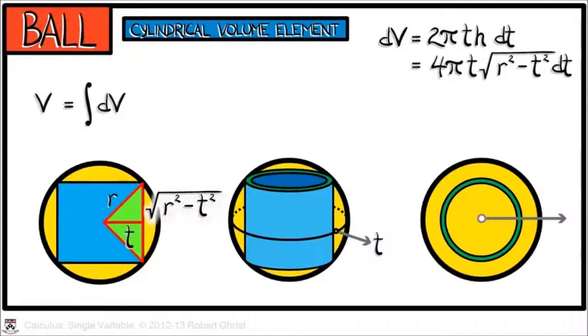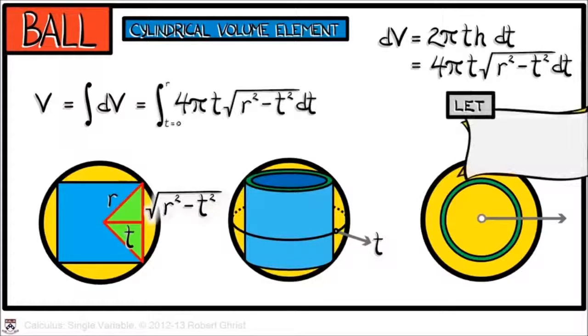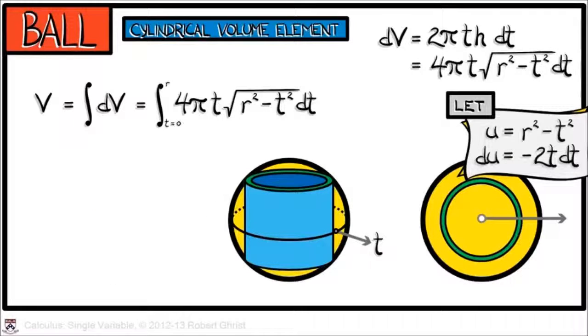And to compute the volume of the ball in this alternate fashion, we integrate this volume element as t goes from 0 to r. Now, this is not so difficult of an integral. It's not quite as easy as the last one, but a simple substitution, letting u be r squared minus t squared.